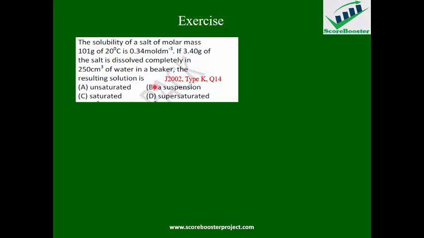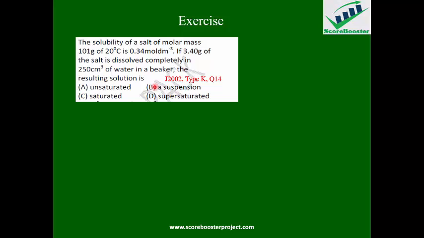We have a particular salt with molar mass 101 grams, and it can dissolve 0.34 mole in 1 dm cube. So if 3.4 grams of that same salt is now put in 250 cm cube, what is the fate of the new solution? Is it unsaturated, supersaturated, or saturated? That is what the question is asking us.